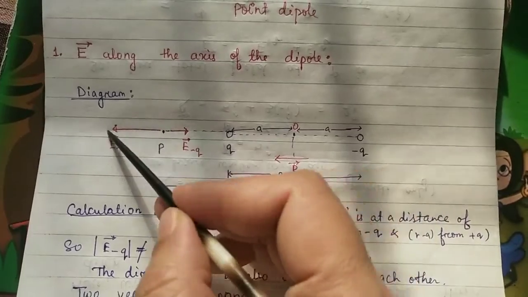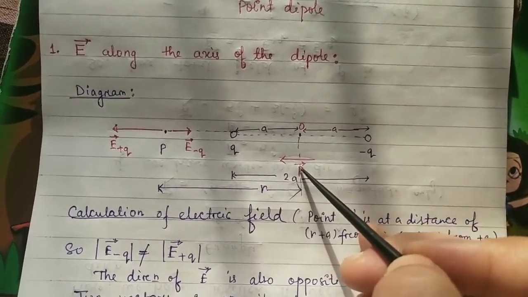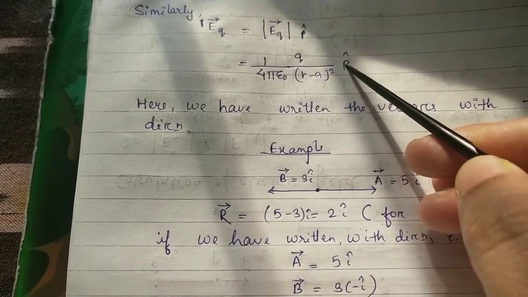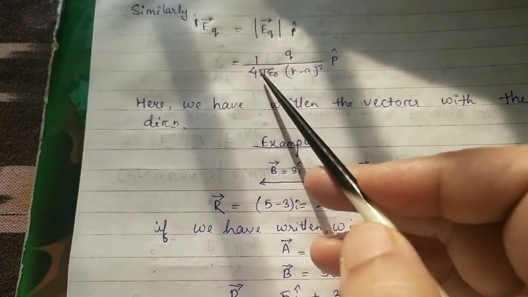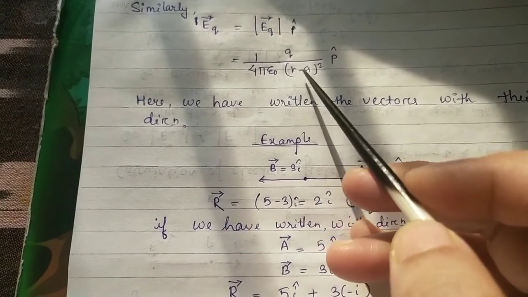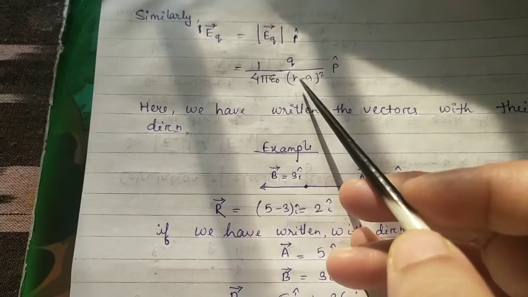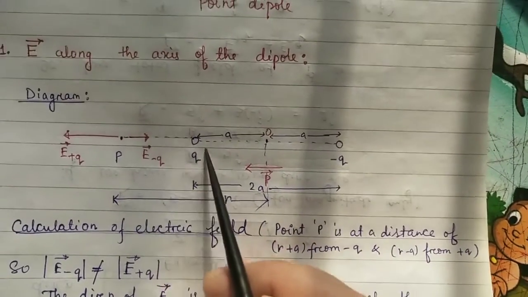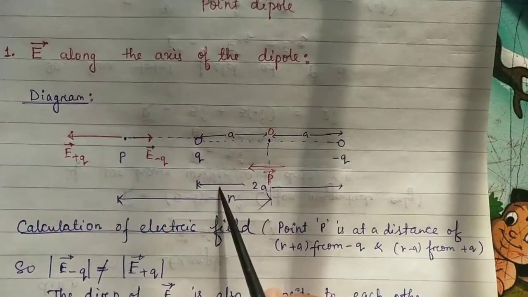That means they are along the same direction. So you can write P cap. Here I have written the direction as P cap. So 1 by 4 pi epsilon naught q, and what is the distance of the positive charge? The positive charge is at a distance of r minus a. Positive charge, this is r minus a.